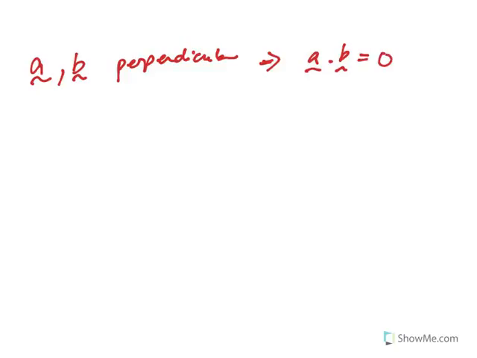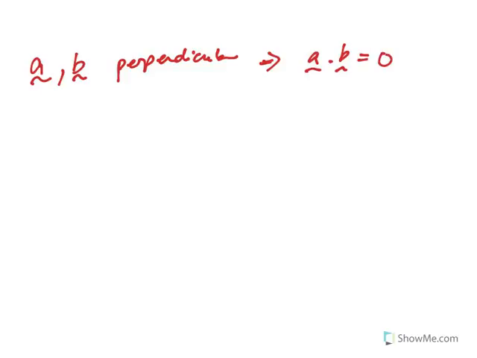So question, what does it mean by perpendicular? Two vectors perpendicular means something is zero. Can you tell me what is zero? Dot product or scalar product. I say again, two vectors A and B are perpendicular. This means A scalar product with B is equal to 0, or dot product.